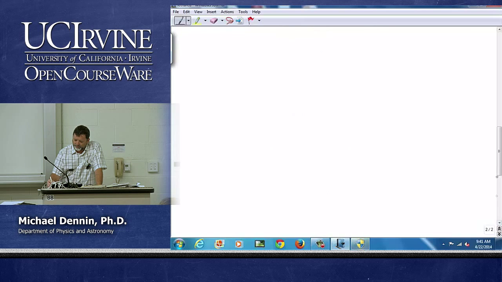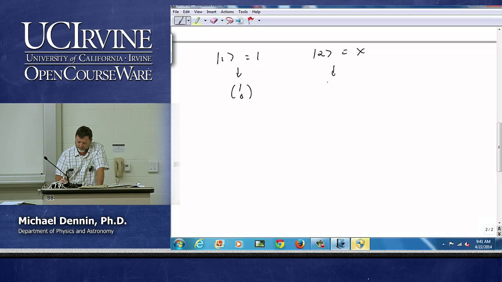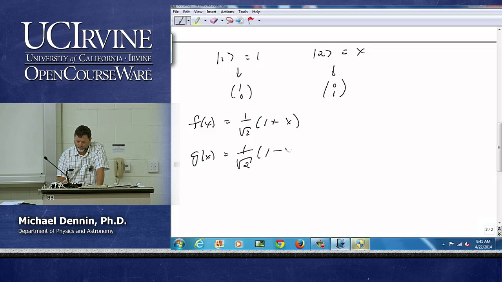Now, I want to emphasize that because it's very useful for when we're trying to consider different bases. So if I have made this identification, and I can now also go to column vectors if I so wished, I can consider two new functions. f of x equals 1 over root 2, (1 plus x), and g of x equals 1 over root 2, (1 minus x).